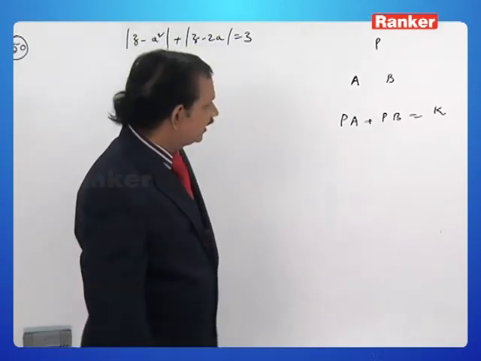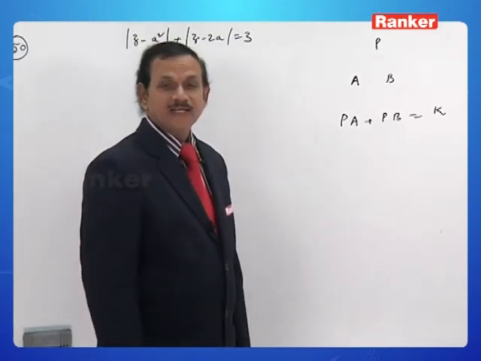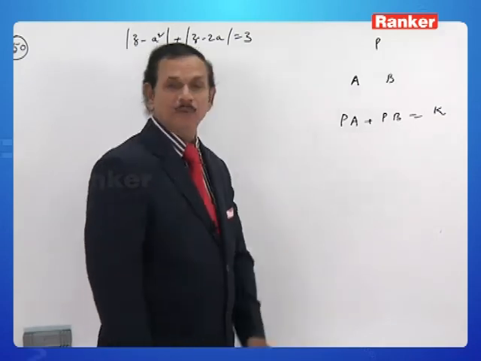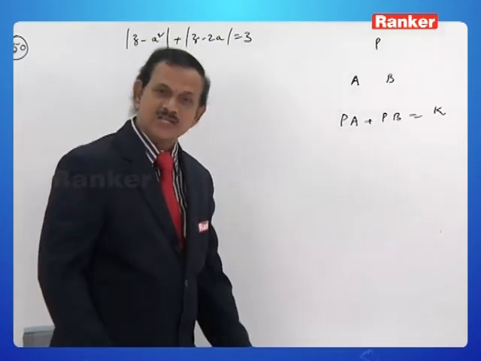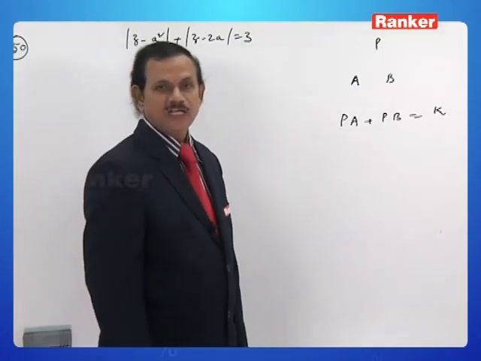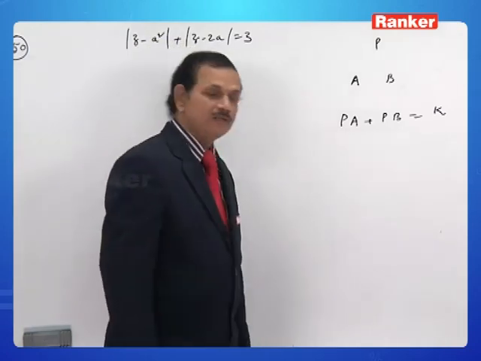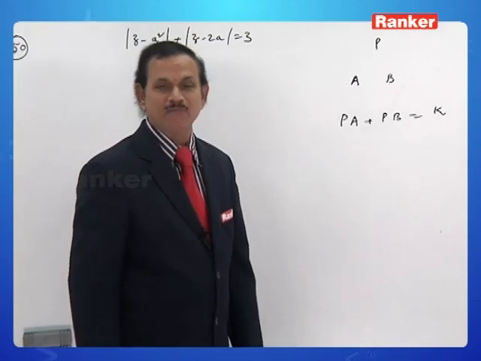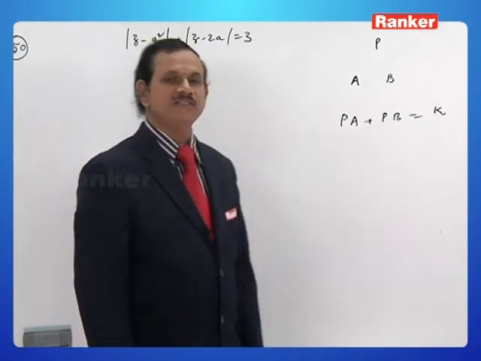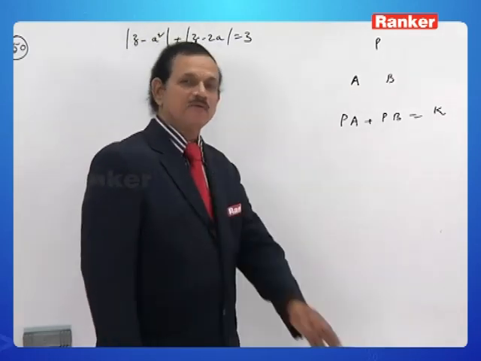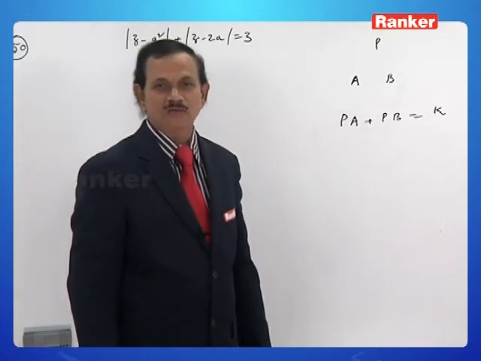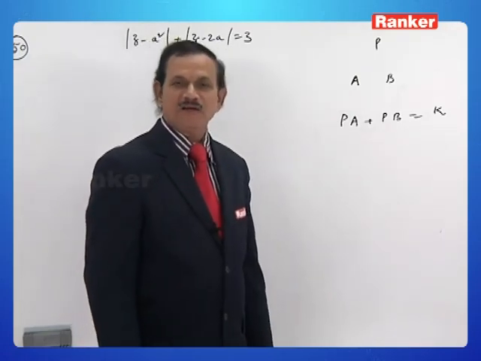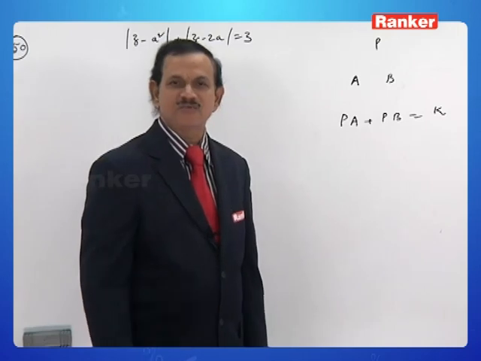Here you see, if K is greater than AB, then it is an ellipse. If K is equal to AB, then P lies on the segment AB. And if K is less than AB, such a point P never exists at all. The set of all points, or the domain of P, is an empty set.